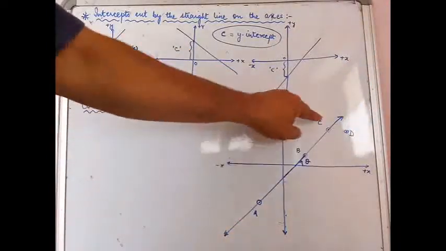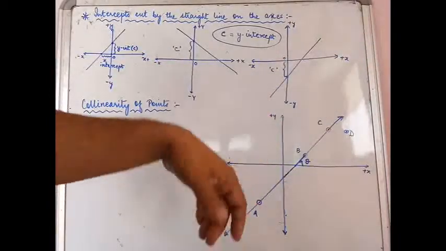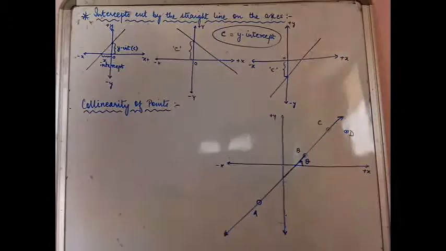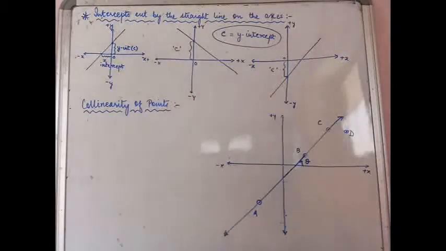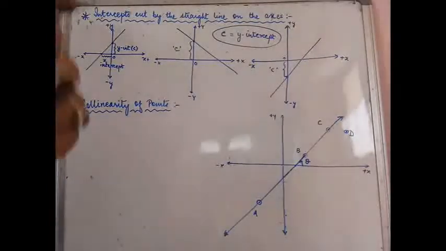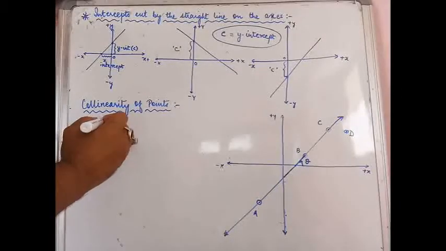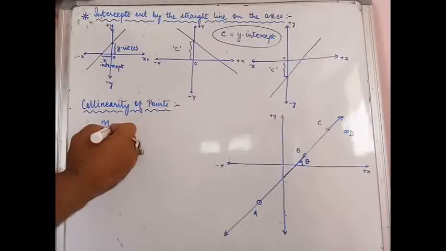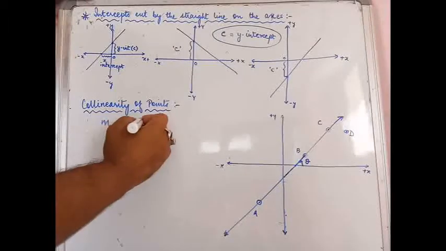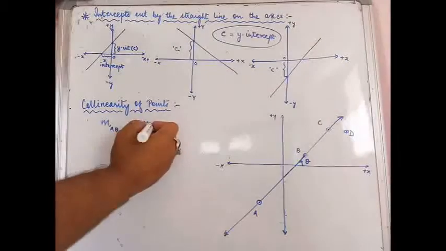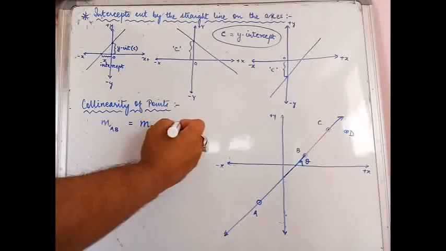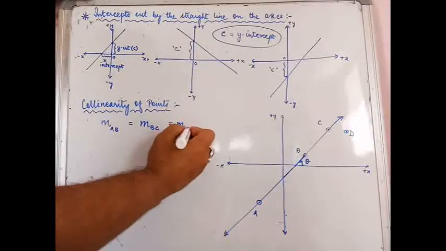If you take A and C, same straight line. So if the straight line is same, then you will have the same angle theta being formed. That means the slope of that particular line will be same. So the slope of the line AB will be the same as the slope of the line BC, or you can also say it will be equal to the slope of the line AC.